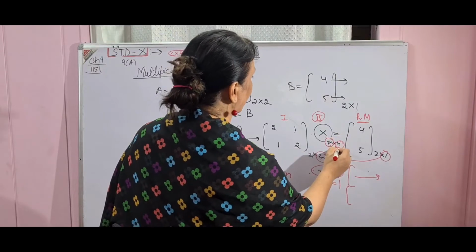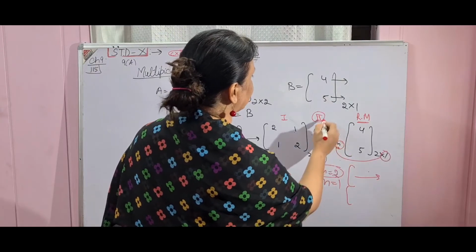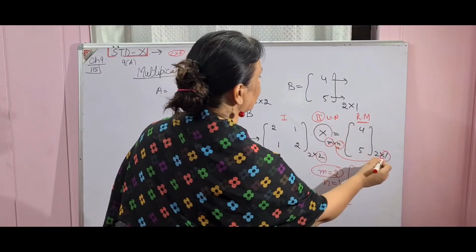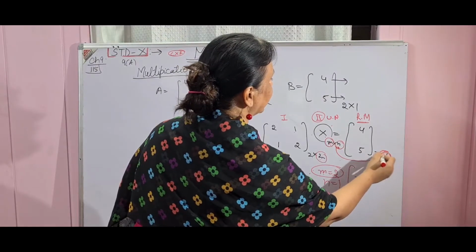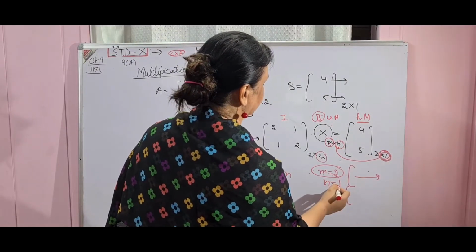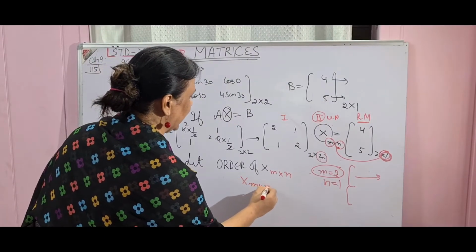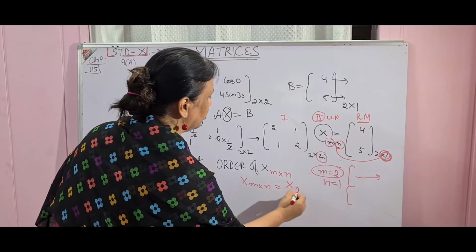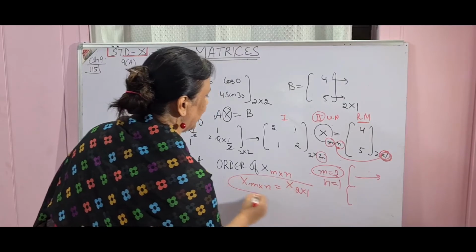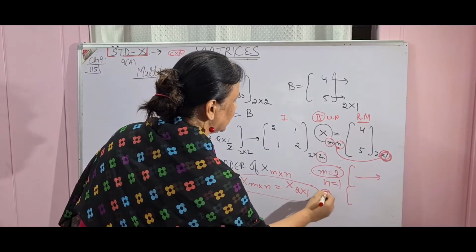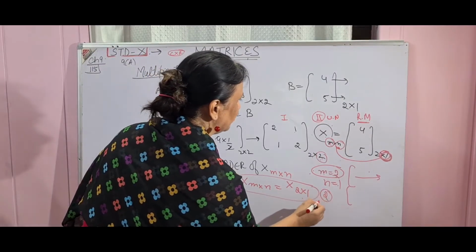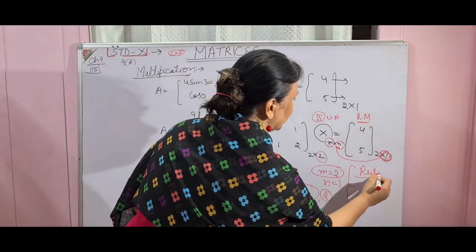And the columns of the unknown matrix are always equal to the columns of the resulting matrix, so n is equal to 1. From here you got the order of X: m cross n is equal to 2 cross 1. This is the first part of the 4 marks question and it carries 2 marks. All the rules are to be written.